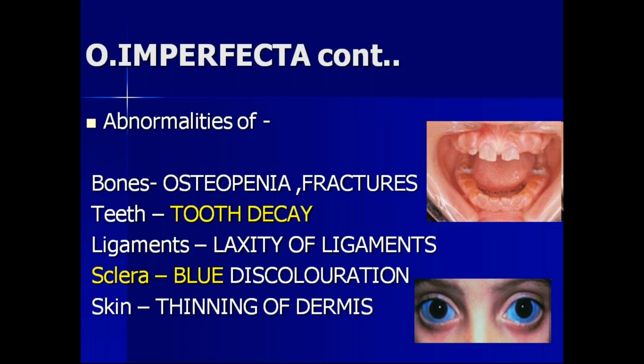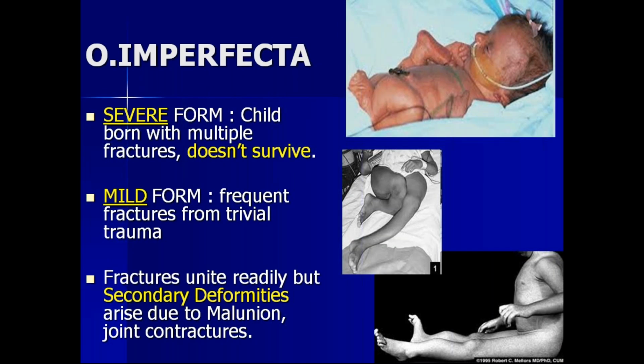That is why you see a bluish appearance in the whitish part of the eyes. That is due to thinning of the sclera, and thinning of the dermis also occurs. In all areas where collagen is present, collagen 1 is defective in osteogenesis imperfecta.